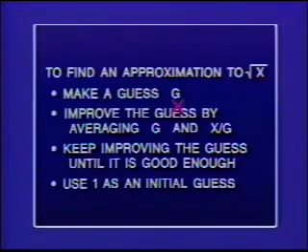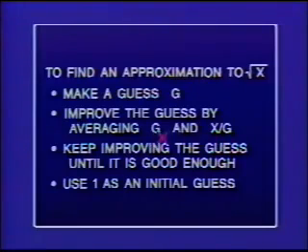If the g that you picked was larger than the square root of x, then x over g will be smaller than the square root of x, so that when you average g and x over g, you get something in between. Right? So if you pick a g that's too small, your answer will be too large. If your g is larger than the square root of x, then x over g will be smaller than the square root of x.